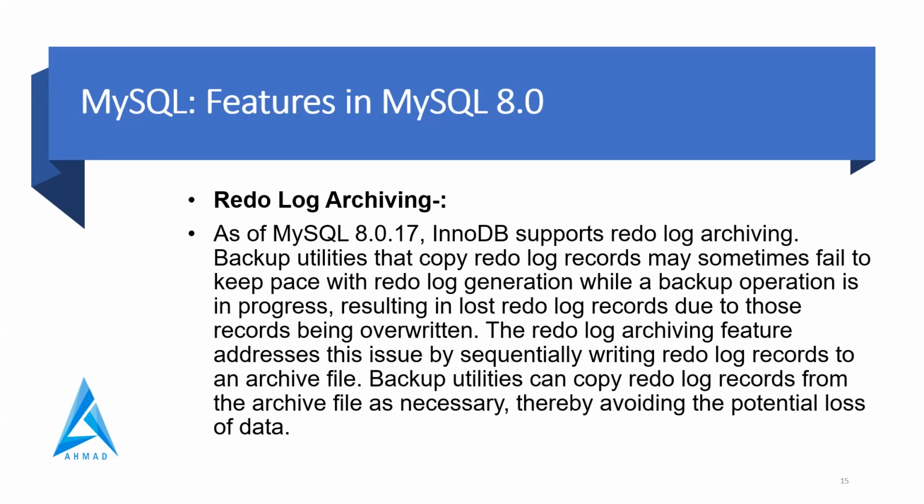So same way this concept is applied here, but in an advanced way, where the redo log archiving feature sequentially writes redo log also to an archive log file. So backup utilities can copy redo log records from the archive file as necessary, thereby avoiding the potential loss of data. Because redo log is very important, that's why in MySQL this was implemented in version 8.0.17.